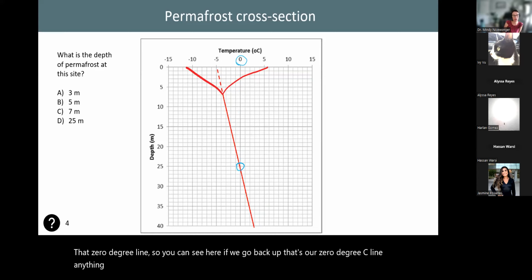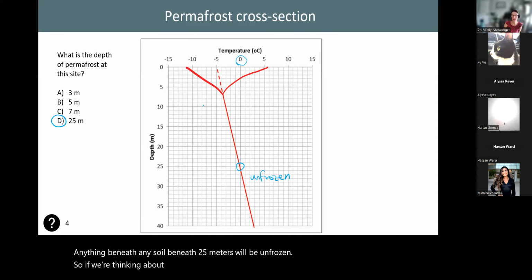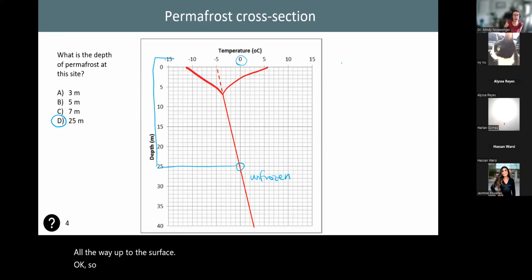Any soil beneath 25 meters will be unfrozen. So if we're thinking about the depth of our permafrost in winter, it's going to be 25 all the way up to the surface. So it's 25 meters in winter. And then in summer, we said that the depth of the active layer is about 3.